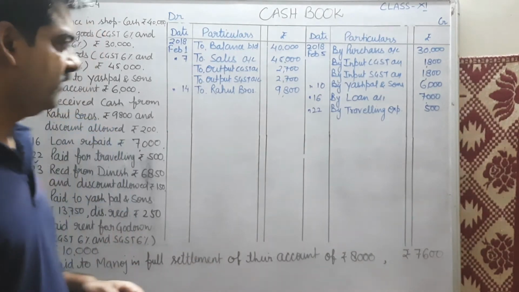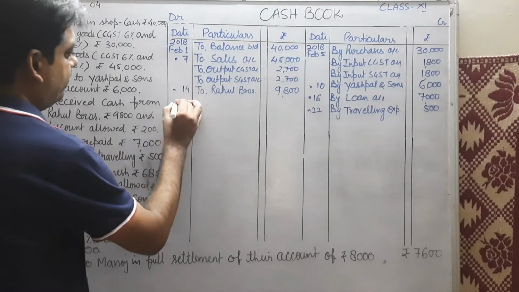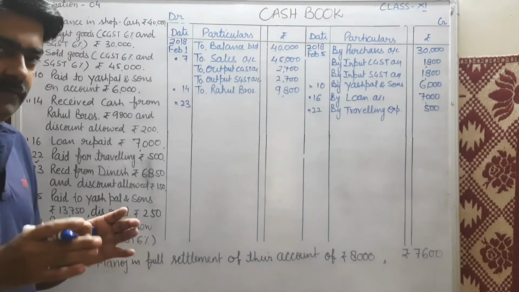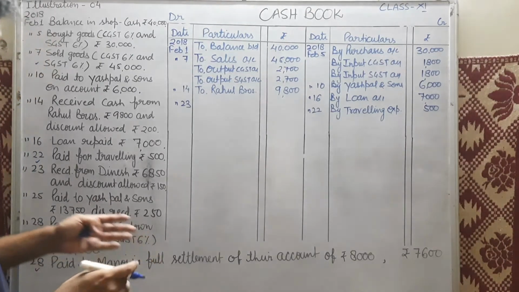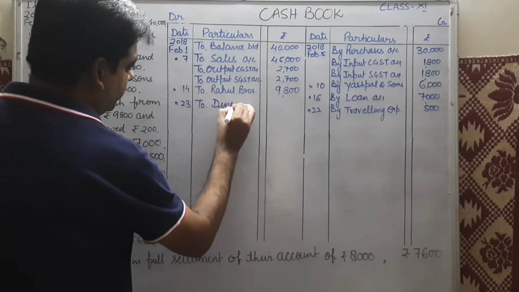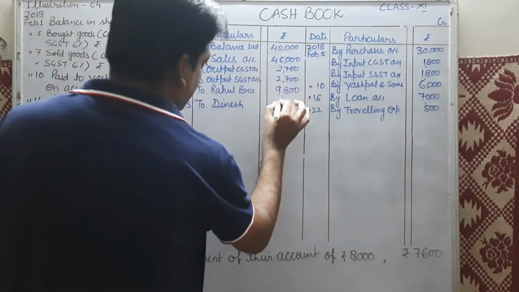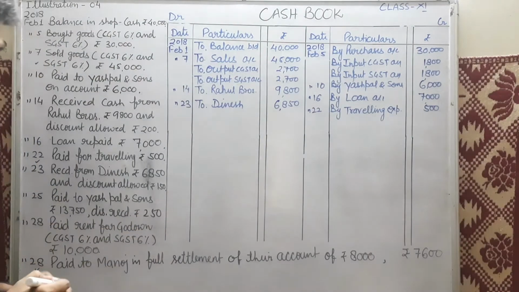Students, see few more transactions. Next is on Feb 23 received from Dinesh rupees 6,850 and discount allowed rupees 150. So on Feb 23 we are simply receiving amount from Dinesh, and I told you earlier also that we have to ignore all the treatments regarding discount. So simply we will write amount received from Dinesh, to Dinesh, and whatever amount we are receiving, 6,850, that amount will come in amount column, 6,850.